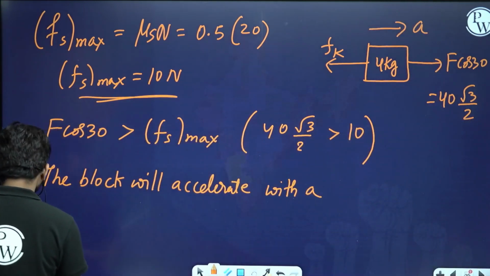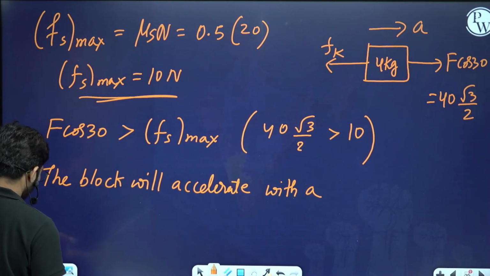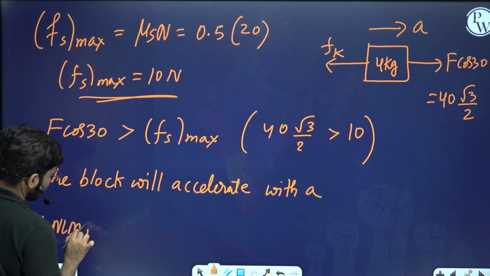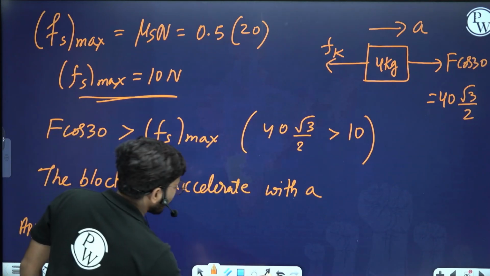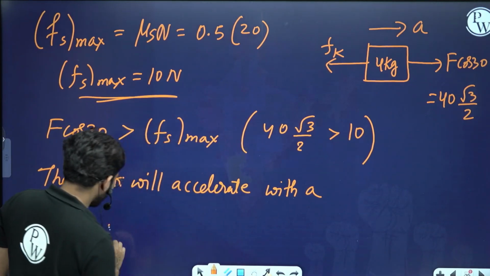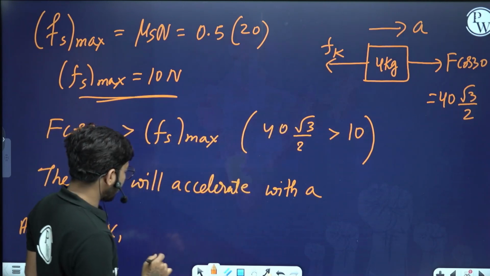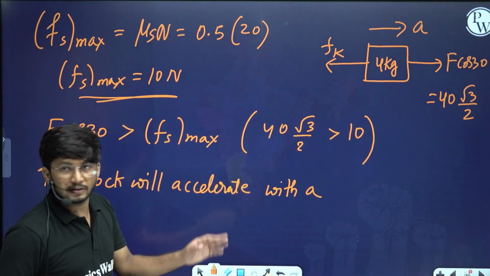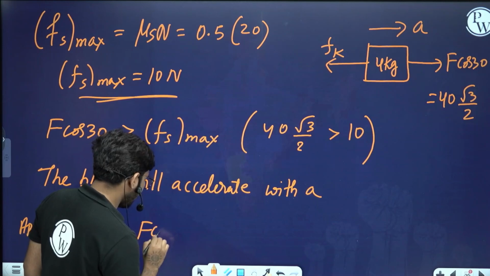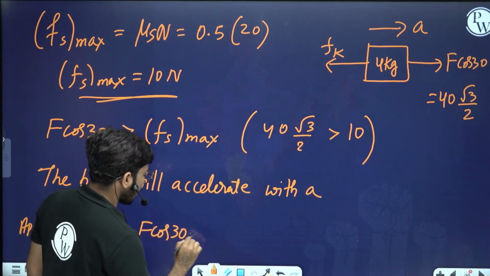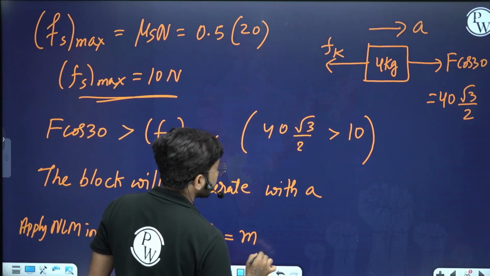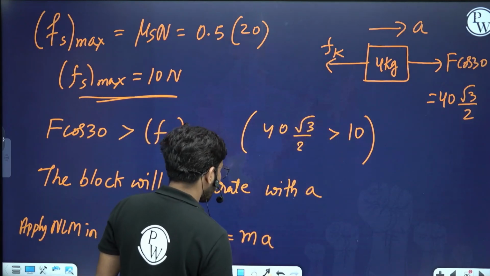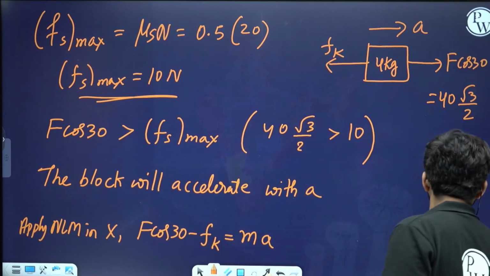I am applying NLM in the x direction. So the acceleration is in that direction, so the net force, F cos theta, which is 40 root 3 by 2, F cos theta minus Fk should be equal to what? Mass into acceleration, right? Mass into acceleration.